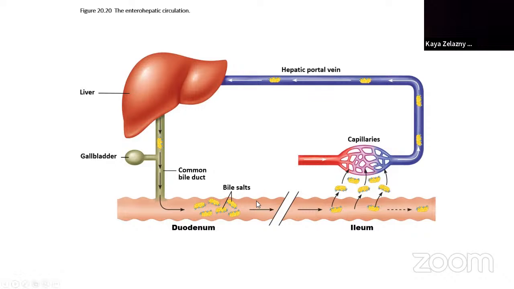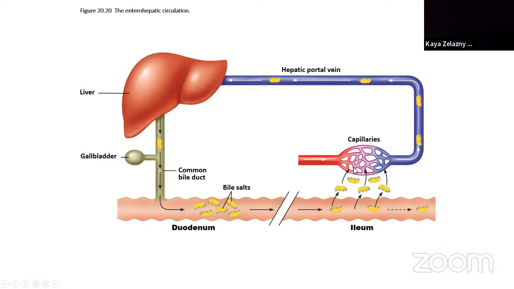And then they're traveling along, absorbing the fat that they've helped to break up. By the time the bile salts get to the ileum, we've done all the absorbing that we're going to do. Remember, absorption of nutrients happens in approximately the first 20% of the small intestine. So the ileum is the end of our small intestine. We don't need these bile salts anymore.